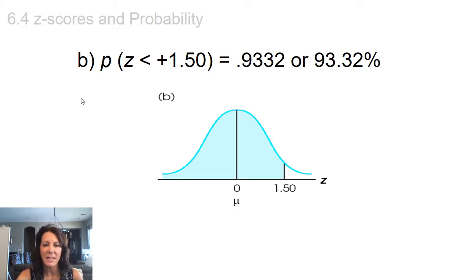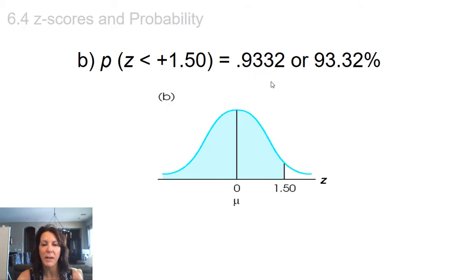Well, we talked last time about when you have a z-score and you cross over the middle and go all the way to the end, that is column B. This is the body. So this looks like what is in your unit normal table for the body. It's a z-score that starts on one side and encompasses everything to the tail of the other side. And if you look at column B in your unit normal table, you will find 0.9332.